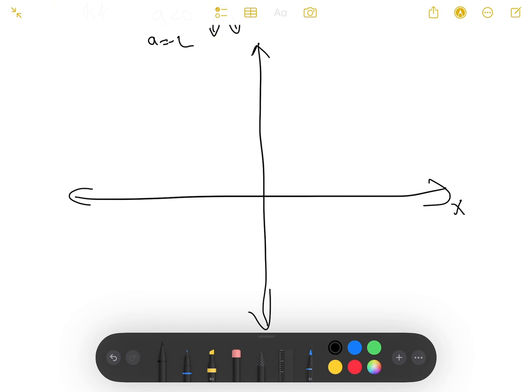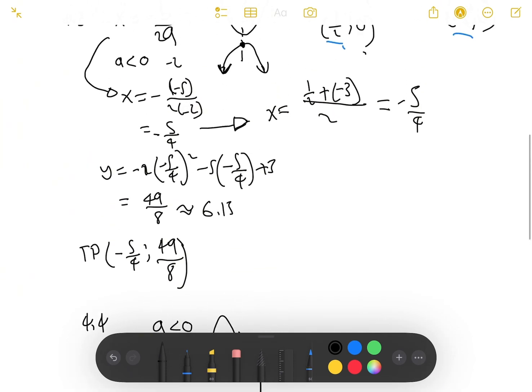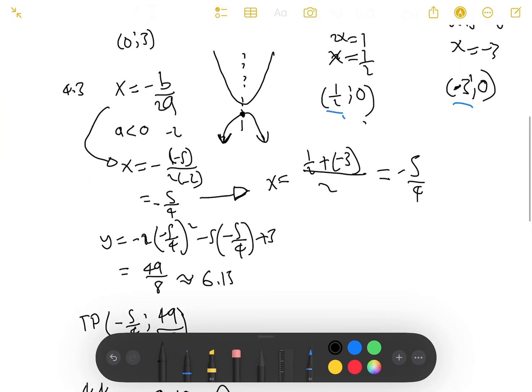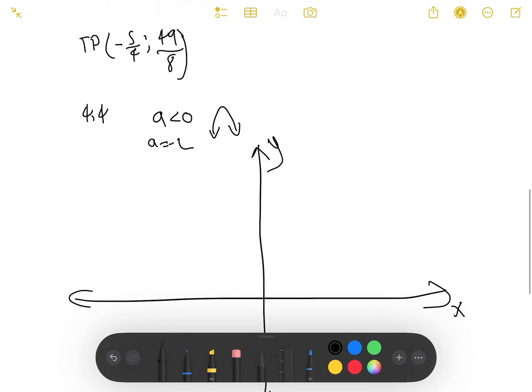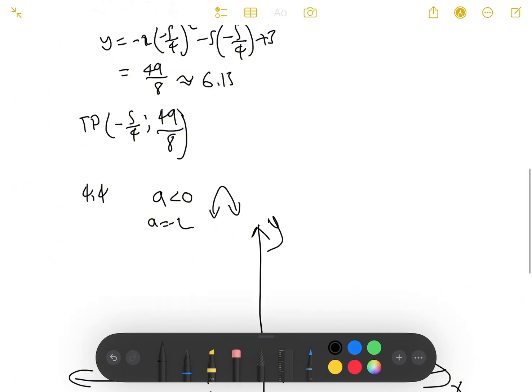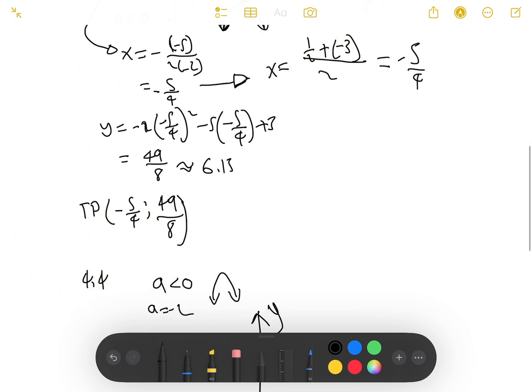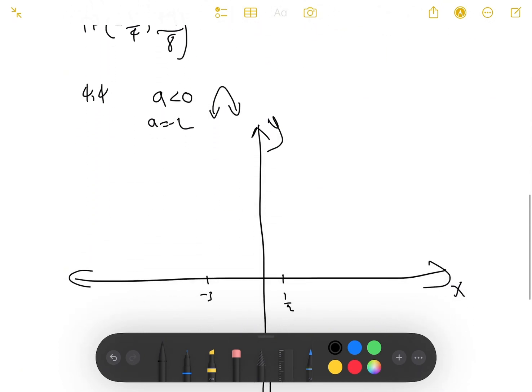Here we have x, then we have y, and then let's note the x-intercept first: negative 3 and a half. And then our y-intercept is 3, okay?